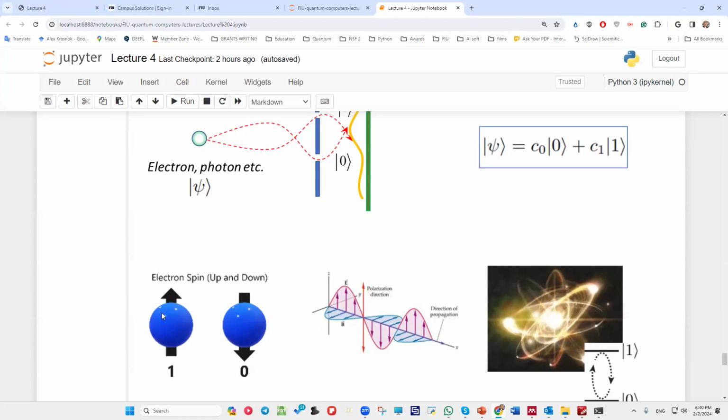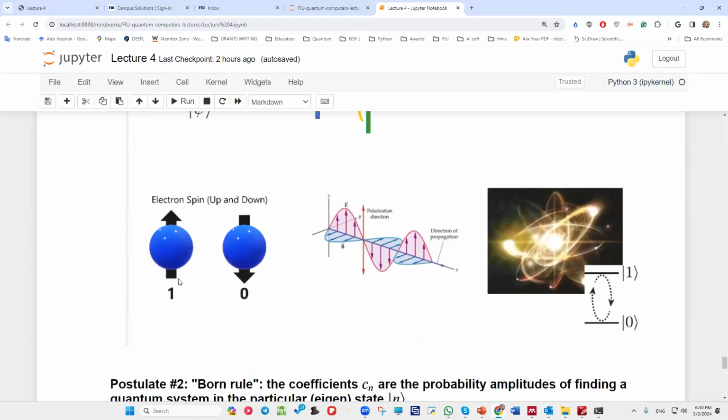So you have an electron, you apply a magnetic field, and the spin of the electron can point along the magnetic field or in the opposite direction. So just two options, along and opposite. And we can consider these two as the eigenstates of the electron. Points up, points down, these are two eigenstates.